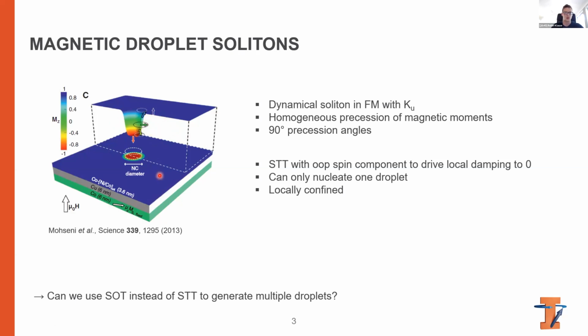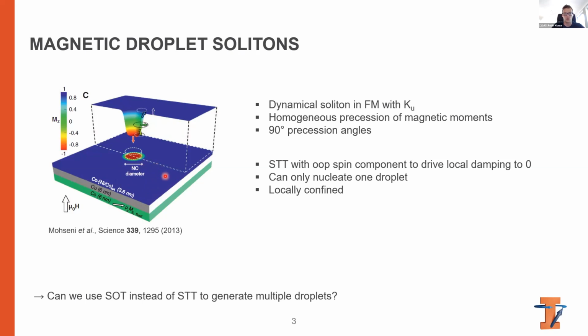They were first experimentally realized using orthogonal spin valves with a nanocontact spin transfer torque geometry, where spins were given an out-of-plane, so Z, component and were then injected into the free layer to generate this droplet. It's important that the spins have a Z component in order to efficiently switch the magnetization of this PMA material.